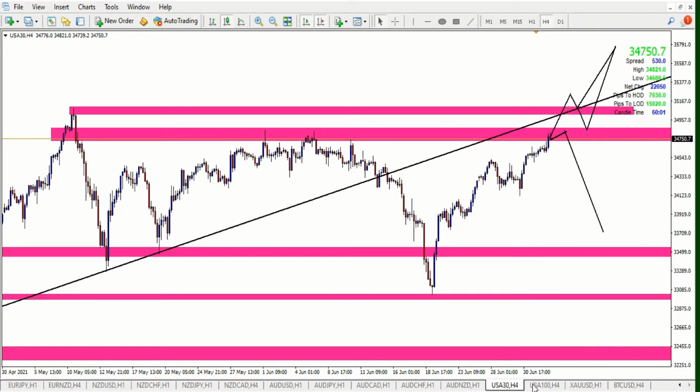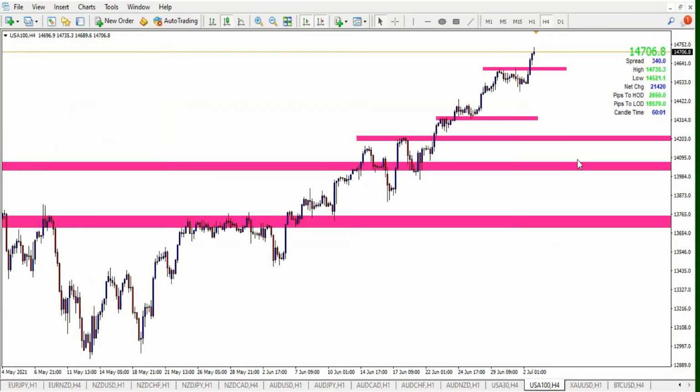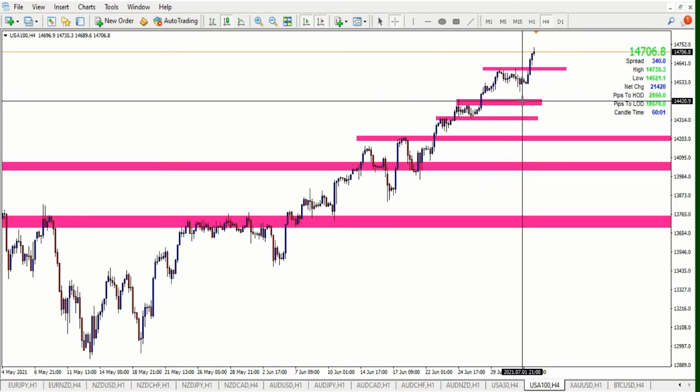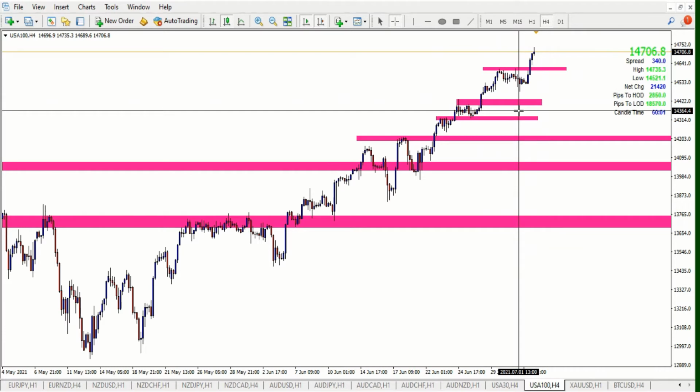Okay, then for the NAS 100, this one's been moving up. Last week I thought it would come to this level over here somewhere, bounce off and then run up, but you see it went down, came close, didn't really reach that, and then it moved up.